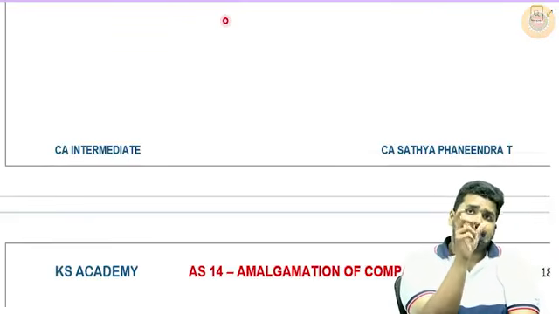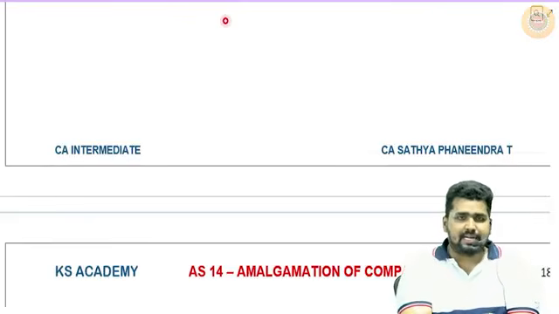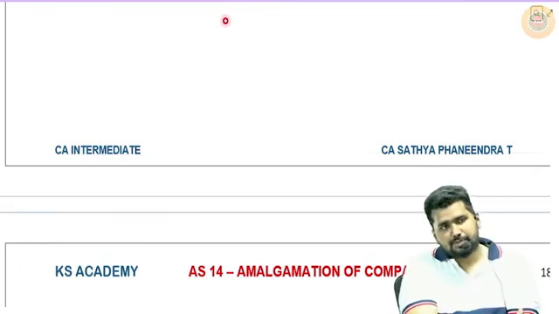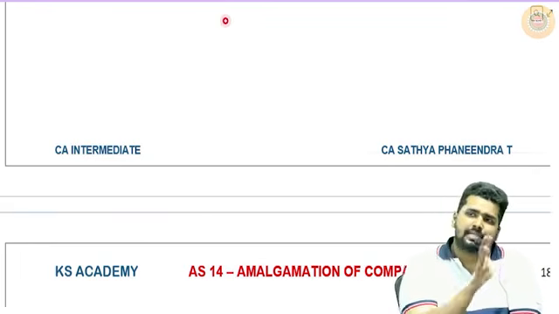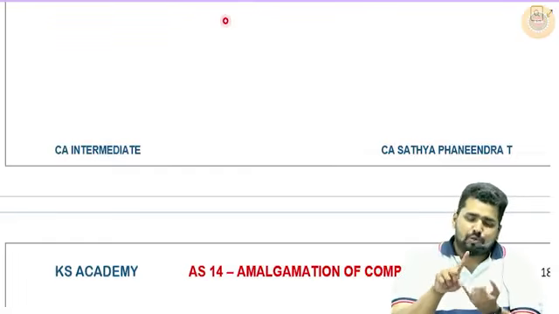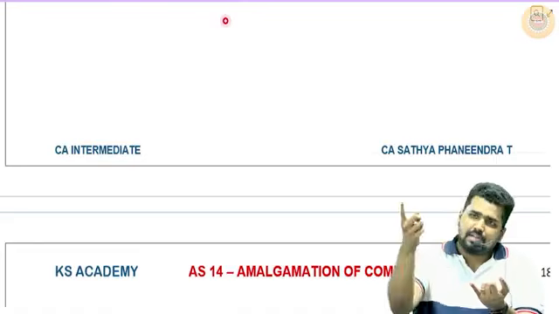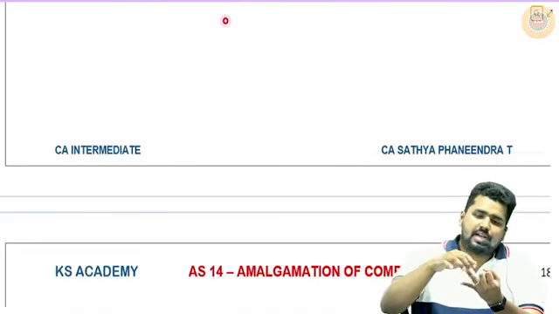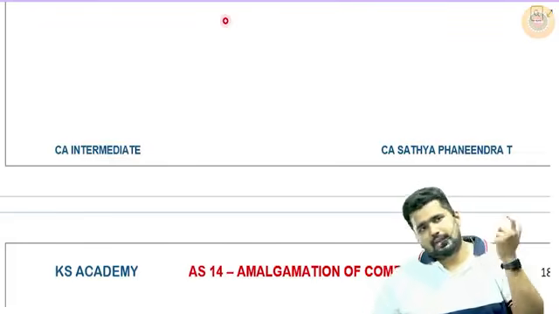Clear? When they say the business is acquired, all the assets they are bringing in. Some assets they will take at agreed value. For some assets they will only say the business is acquired, but they will not give the value. If the question is silent and says the business is brought, it means all assets we are bringing in. For some assets they give agreed value, for others they do not. Then what do we do, sir?